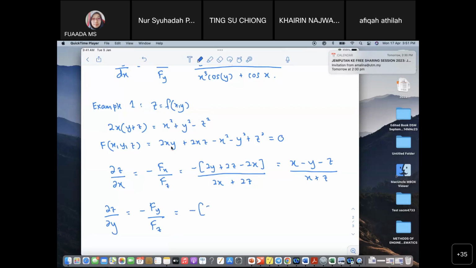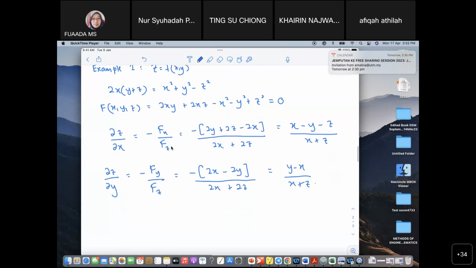Fy, so 2x minus 2y divided by 2x plus 2z, factor out. So y minus x over x plus z. So it only asks for those two, right.